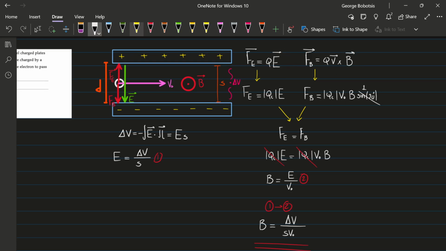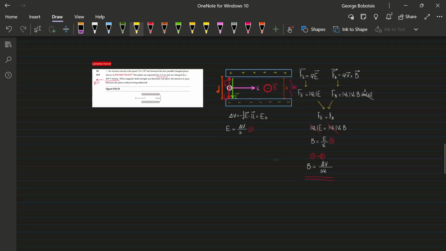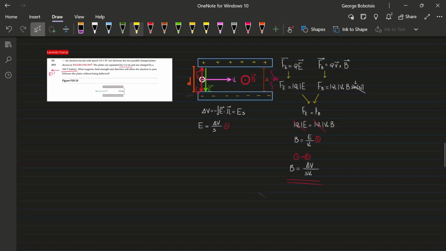You have parallel plates. You know how to find E from potential. Plug it in the last equation. Good with this one? Okay, that's the third problem out of the way.